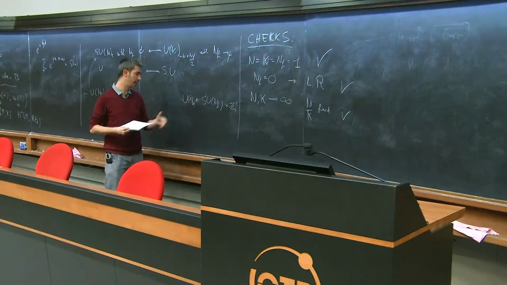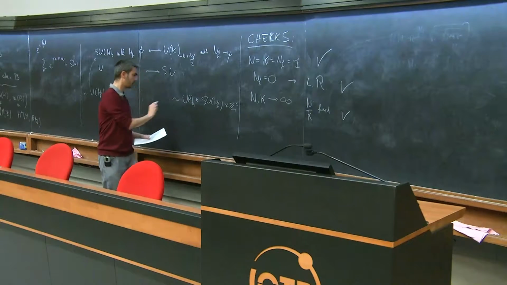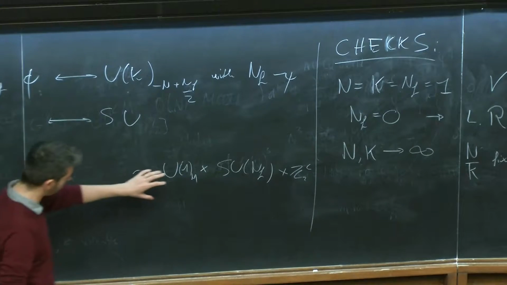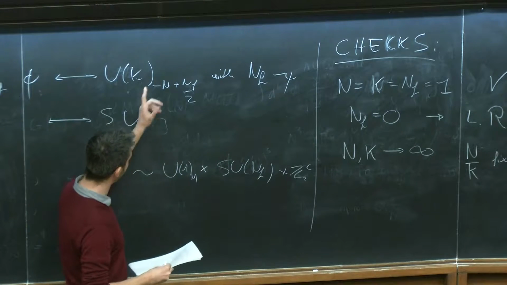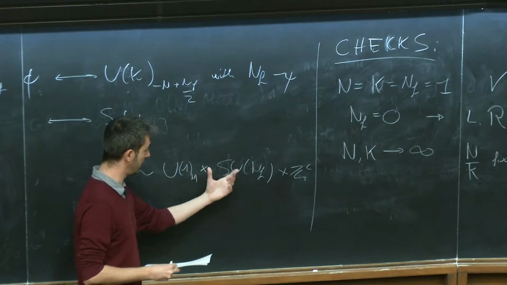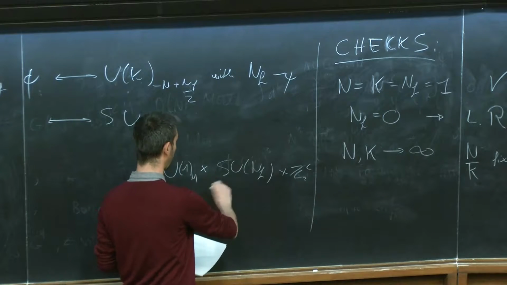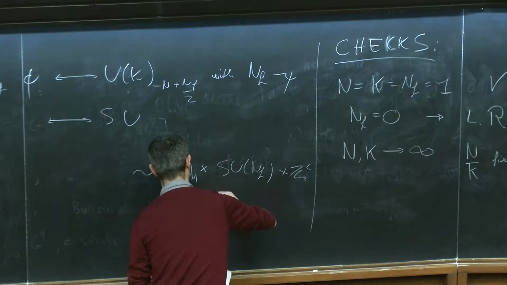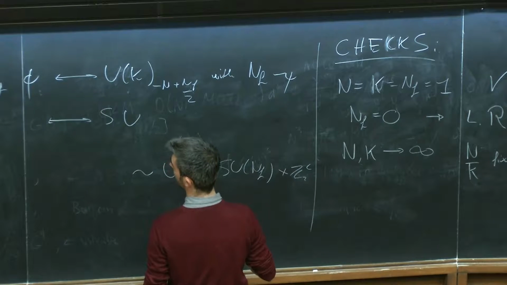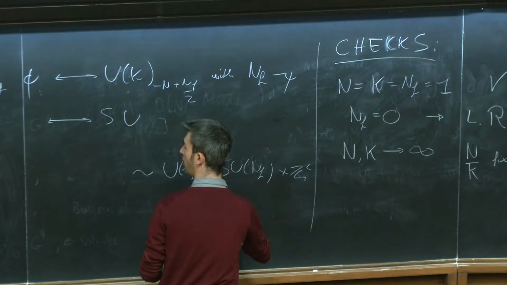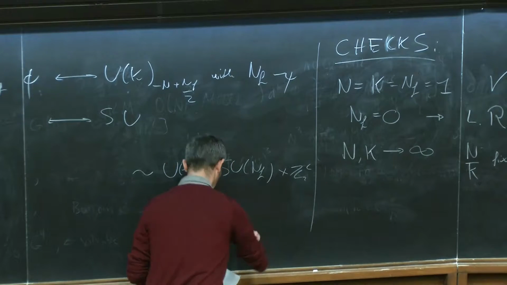They're not exactly the same, and this is why I'm putting this tilde here, because if one is careful about the global structure of the group, one can figure out that really the global symmetry group is U(NF) mod Z_K.